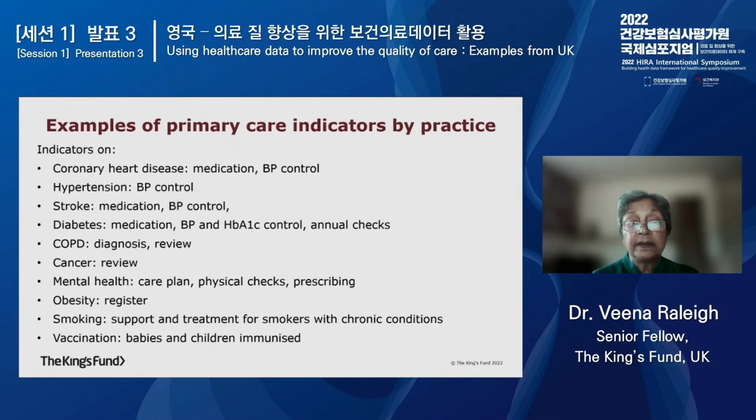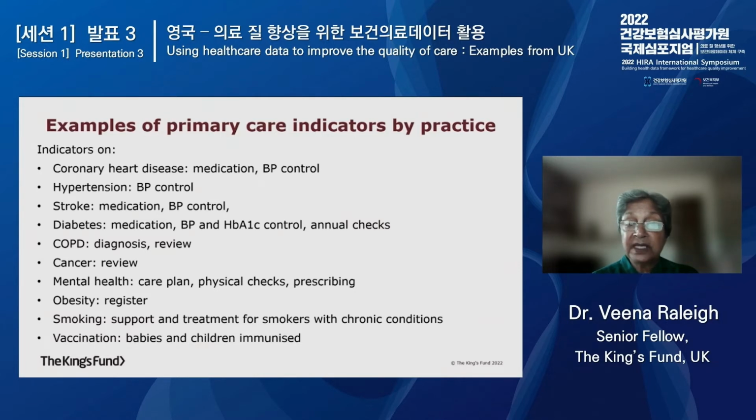Hypertension, data on stroke patients, on diabetes. There are lots of indicators around medication, annual checks, blood pressure, blood sugar control, and so on. COPD, cancer, mental health.